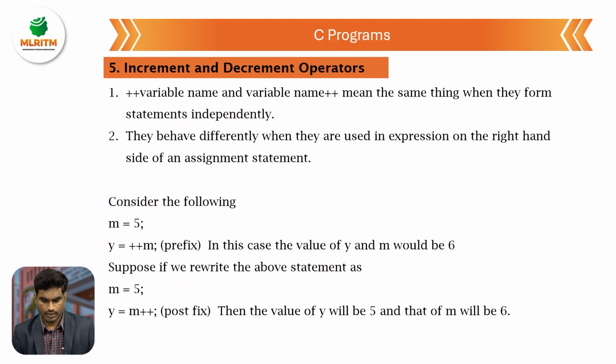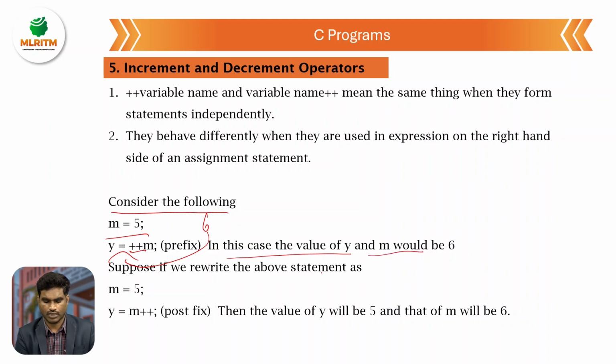Next, consider the following. Here, M = 5, Y = ++M. We are using the prefix, so first we increase the value: 1 plus 5 is 6. That value is assigned to Y. In this case, the value of Y and M would be 6.